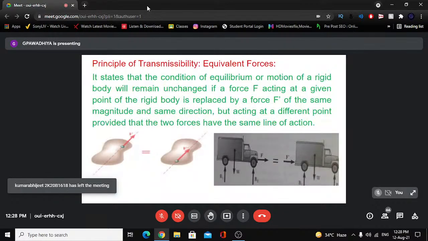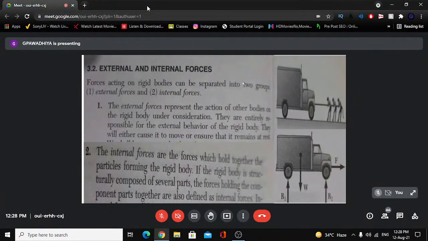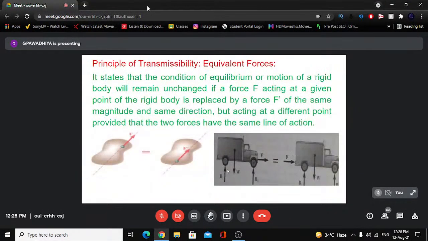Now let's discuss the principle of transmissibility for establishing equivalent forces. Here you see this truck is getting pulled by force F using the rope by people standing here. Or if these people come behind and start pushing it in the same line of action, then whatever speed this truck is set in motion with, uniform motion, along the line of action of force F we apply a push here.